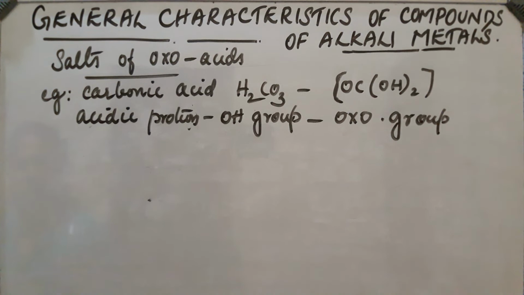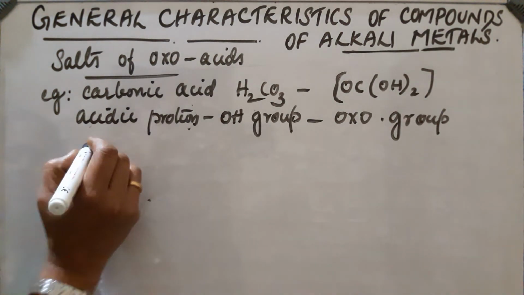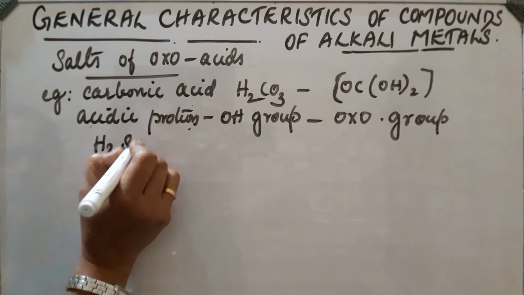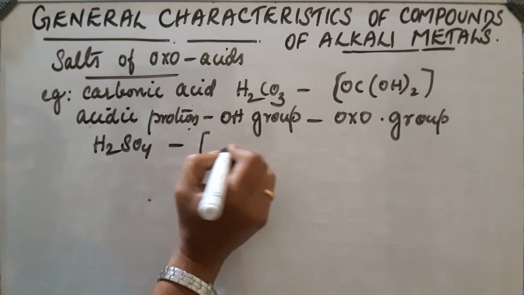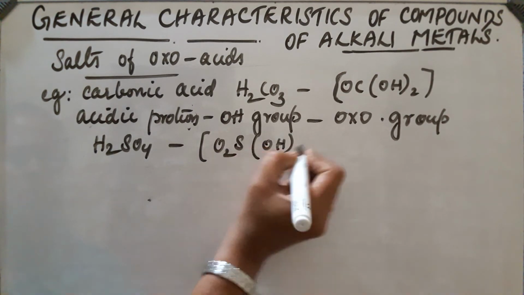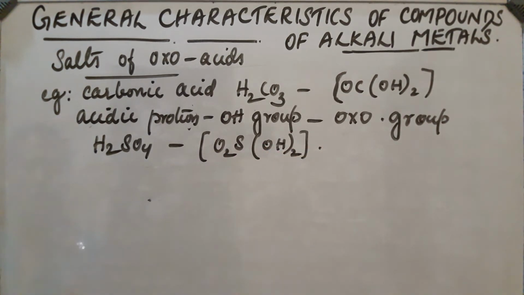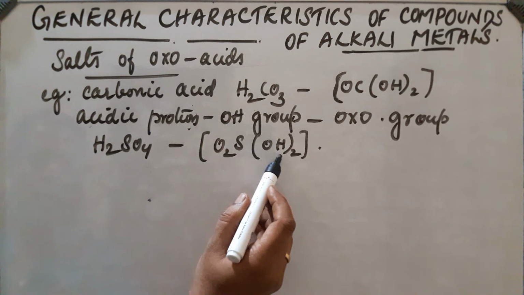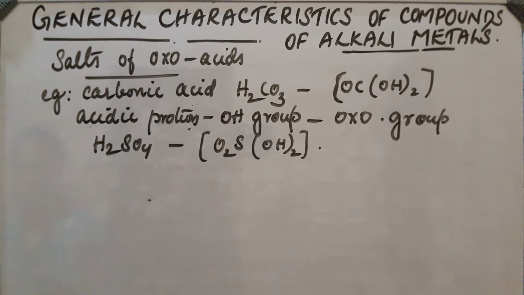Another example is H2SO4, where the acidic proton is in the OH and the oxo group is attached to the same atom. This type of compound is called an oxo acid, and alkali metals form salts with oxo acids.